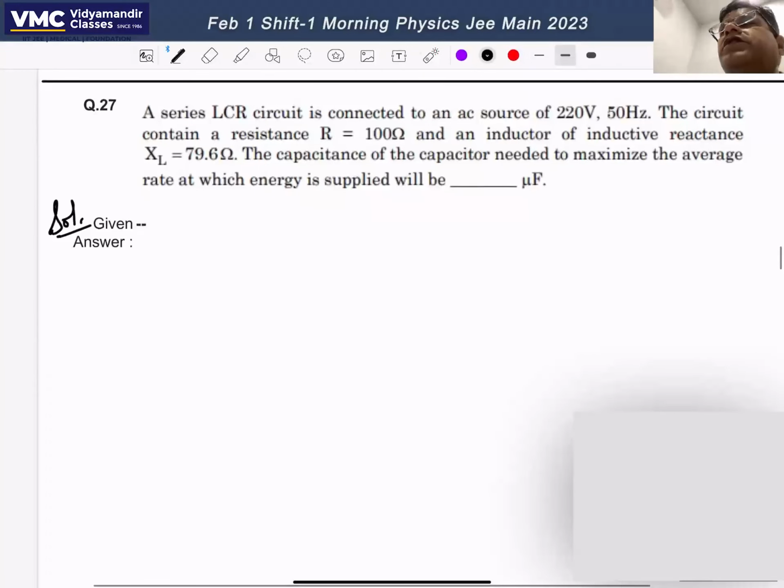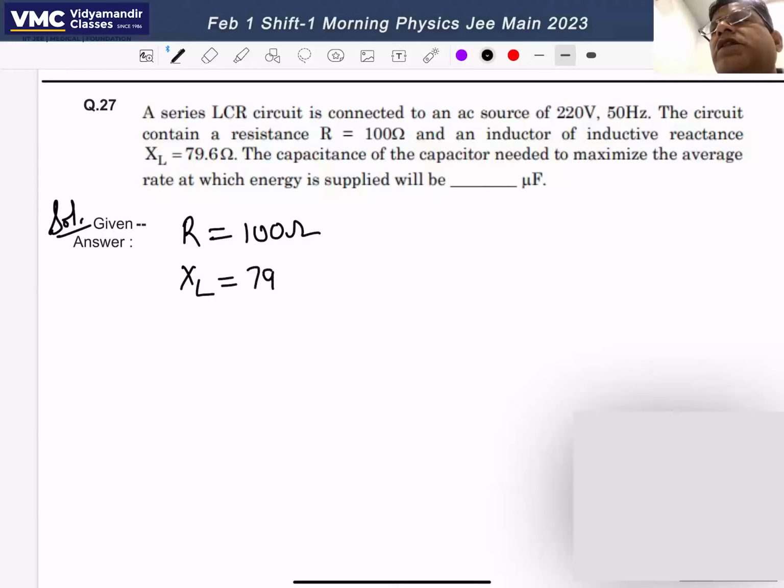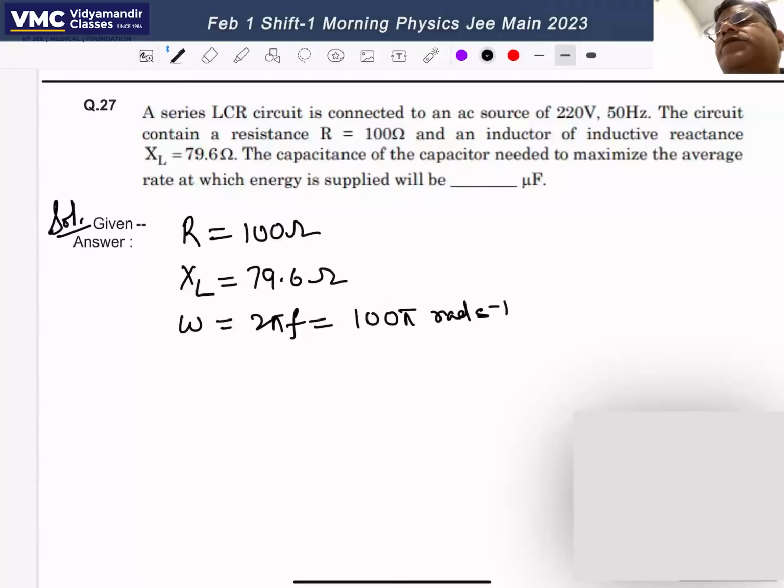So for this question, first of all, we see that in the LCR circuit the resistance is given as 100 ohm, XL is given as 79.6 ohm, and omega is given as 2 pi f, that is, 100 pi radian per second.